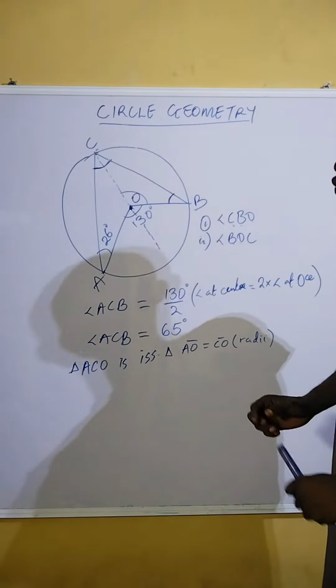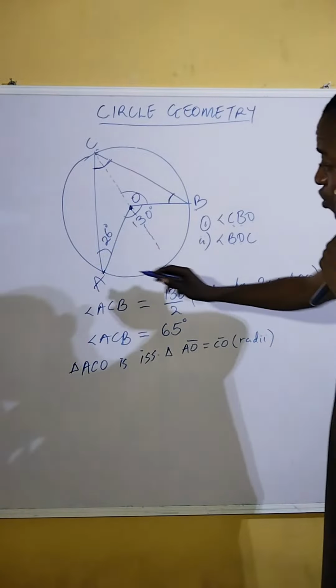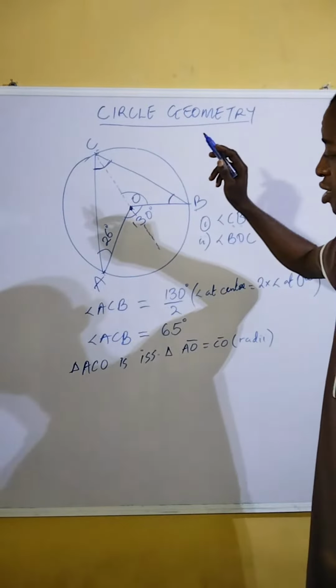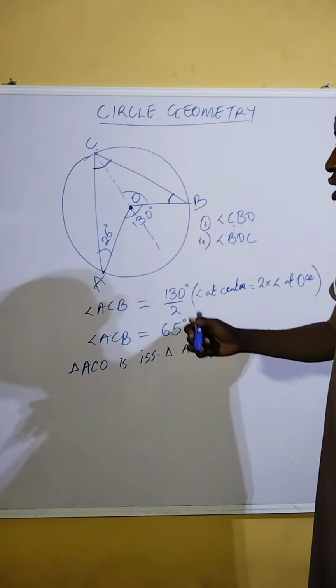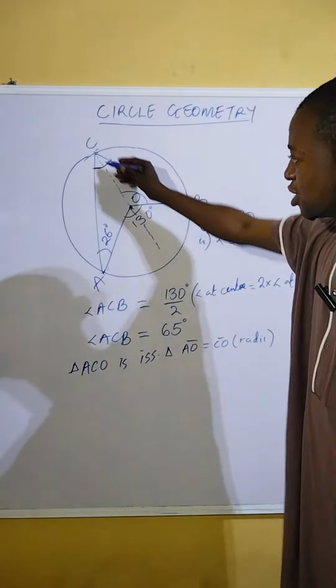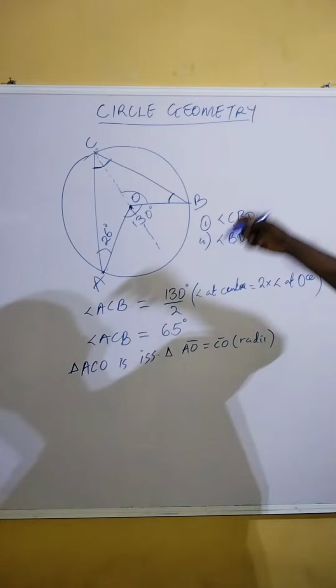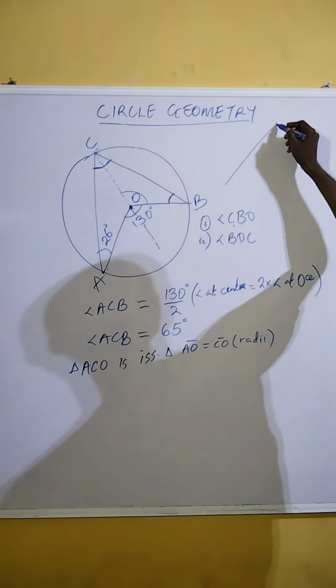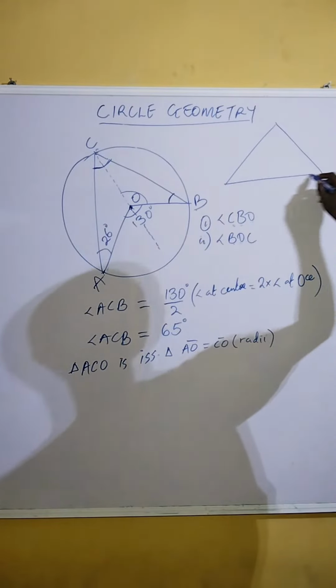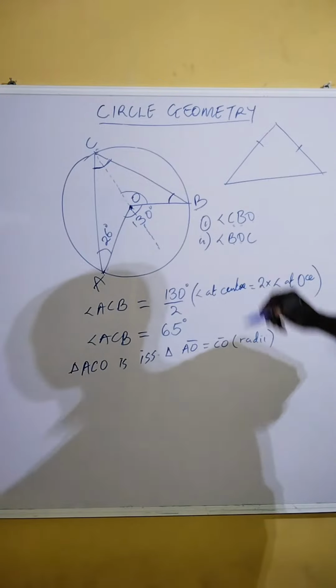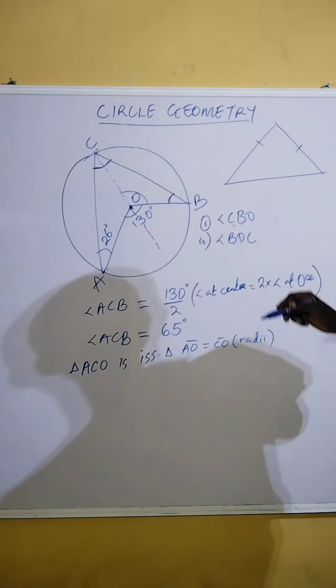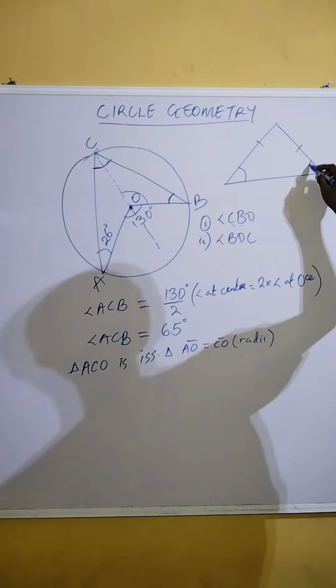Now that we have seen that triangle ACO is an isosceles triangle because these two sides are equal, the base angles of an isosceles triangle are equal. Whenever we have an isosceles triangle, two sides are equal, that's the first criterion, and also the base angles are equal.